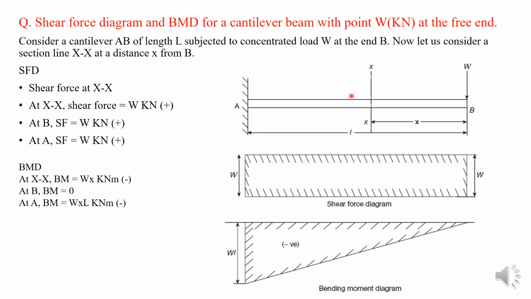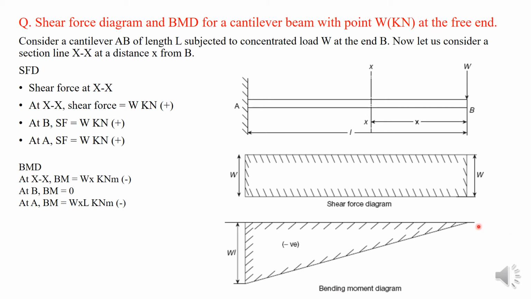In order to get the value of bending moment at the point B, bring the section line to the point B, that means H is equal to 0. So W into 0 gives 0 kilonewton meter bending moment at this point. Then bring the section line to point A, so that H will become L, and W into L will be the bending moment value at this end, which is negative.